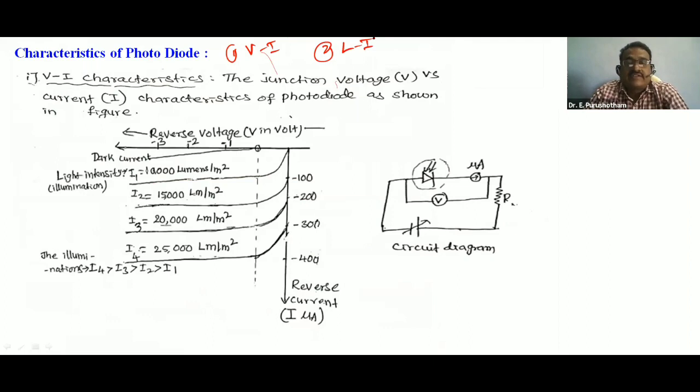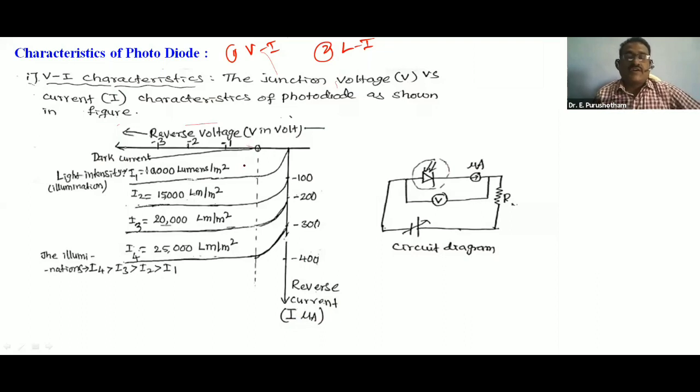Without applying any voltage on the reverse biased photodiode, due to the thermal vibrations, it has some current that is called dark current. Take reverse voltage on the x-axis and reverse current in microamperes on the y-axis.